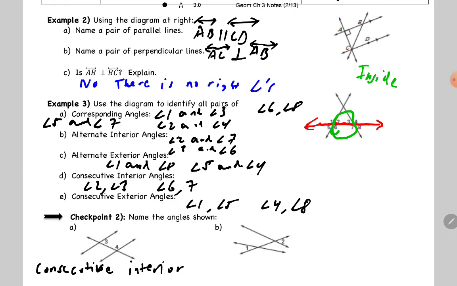I was thinking of the next one. So these are on the outside, so that's exterior. And then they're on opposite sides of this transversal. So they are alternate. Alternate means different side. Exterior means outside.